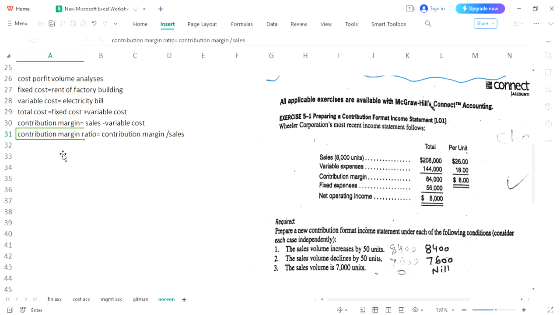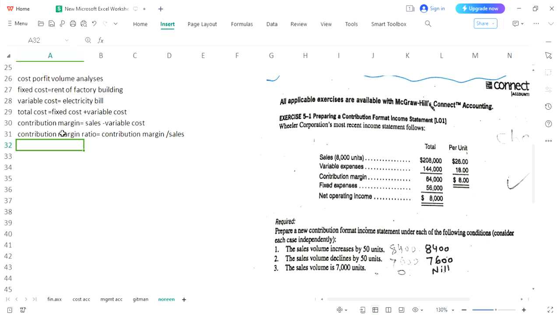Here you will be able to calculate your contribution margin ratio. Why are we discussing it? Because it's very important. You will have to repeat it again and again, so that a very solid space can be created in your brain. The contribution margin ratio is dependent upon the contribution margin, which we calculated by subtracting variable cost from the sale.